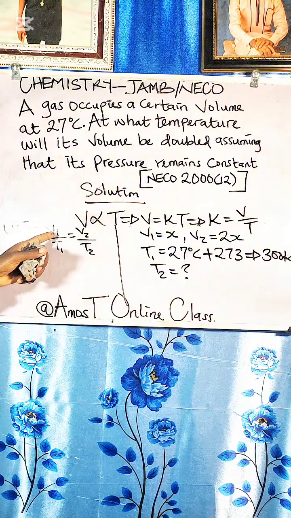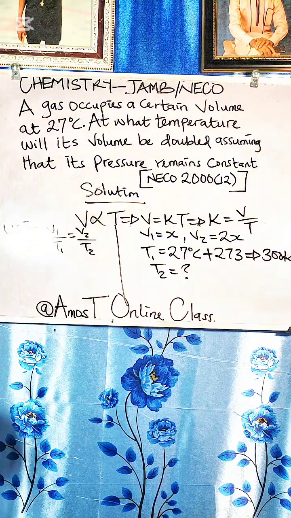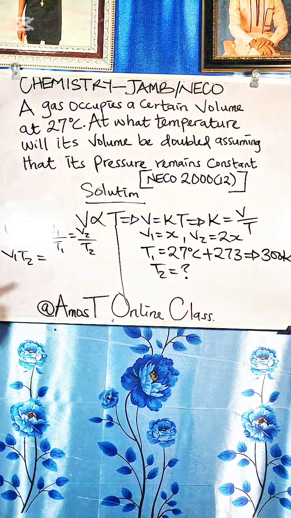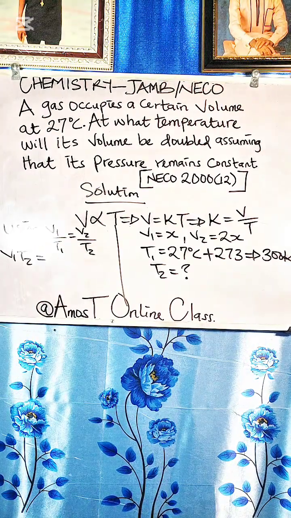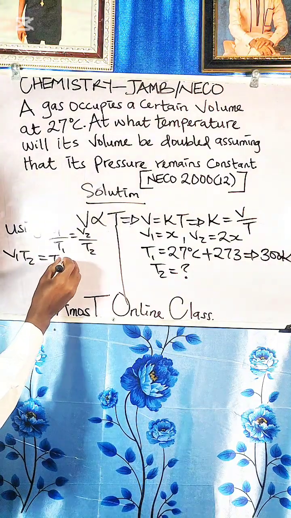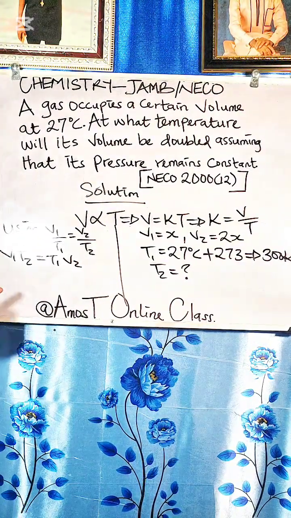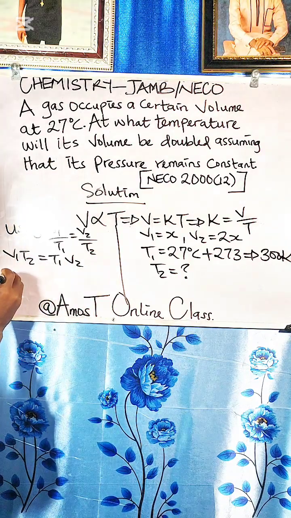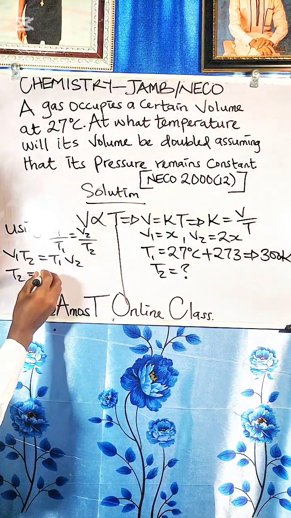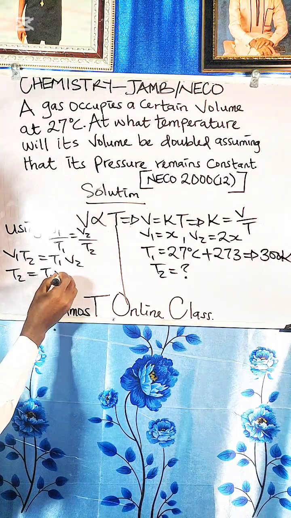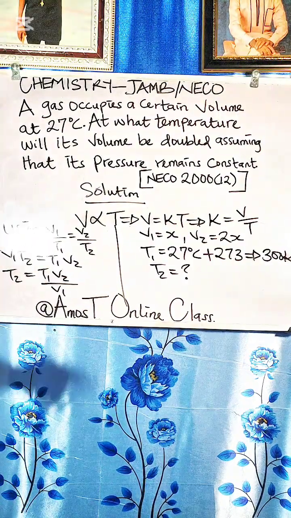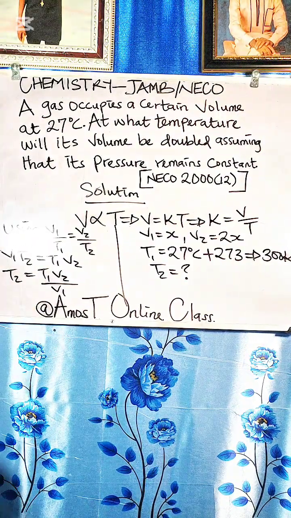If we multiply V1 times T2, we're going to have V1 T2. And of course, this multiplied by this, we're going to have T1 V2. Okay, so that means our T2 will be equal to T1 V2 divided by V1, okay?